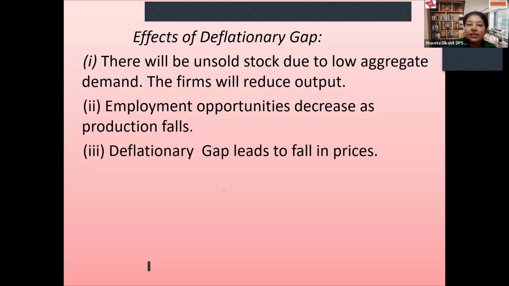Now the impact: there will be unsold stock due to low aggregate demand, so the firm will reduce the output. We cannot increase the output because that is an unattainable point, but this is an attainable point, so we can reduce the output. Employment opportunities will fall, and prices will also tend to fall.